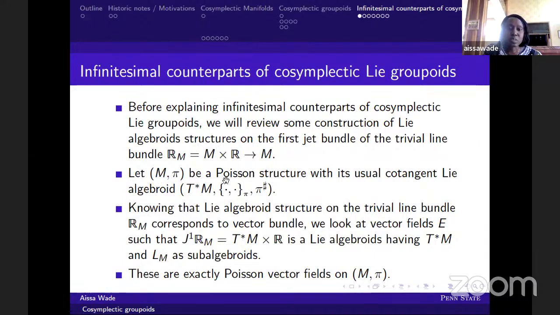So starting with a Poisson structure on a manifold M, we know that the cotangent bundle has the structure of a Lie algebroid.